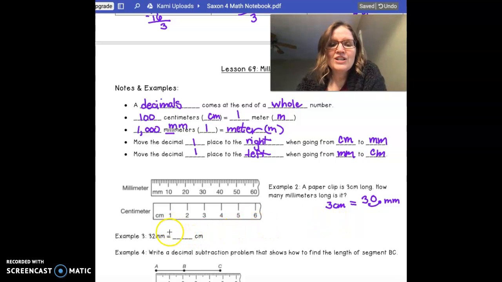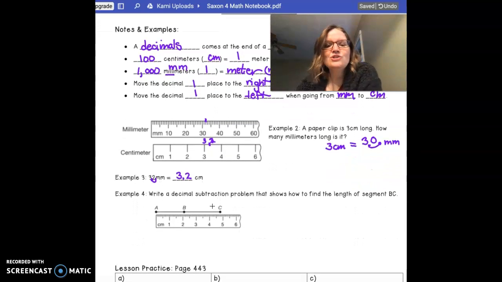When we have 32 millimeters, then we move our decimal one to the left. And we have 3 2/10 of a centimeter. If you were to look at this, you can see where this is. This is 32 millimeters, and this is where it would be 3 2/10 of a centimeter.